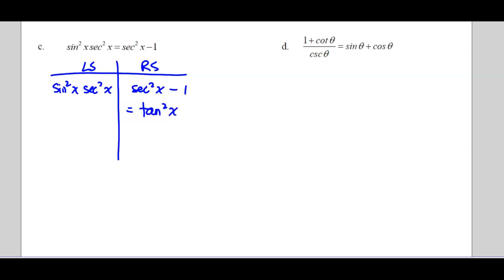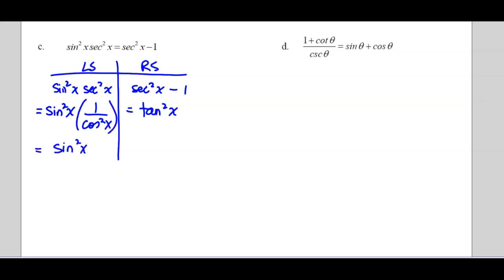Okay. So kind of done with, can't really do much more. You can get it in terms of sine and cos. But I'm going to go to the left side now and do some work. So sine squared can't do anything, but secant squared is 1 over cos squared.